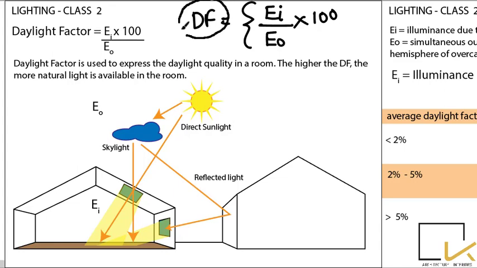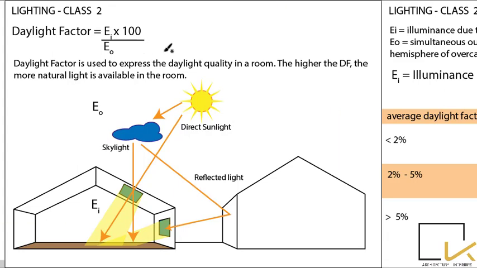When I write DF, don't get confused between daylight factor and depreciation factor. They are completely different concepts. Daylight factor is used to express the daylight quality in a room, how good the quality is. The higher the daylight factor, the more natural light is available in the room.